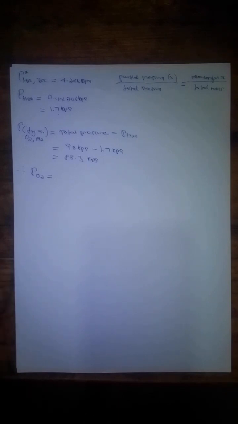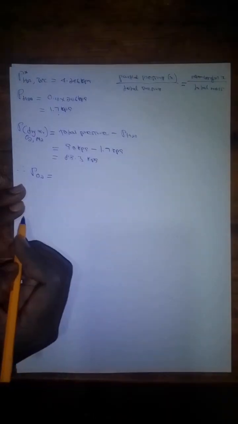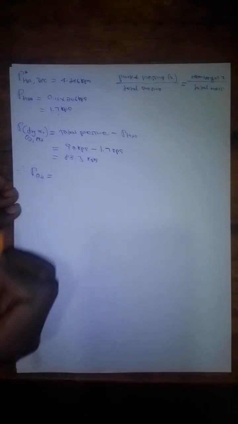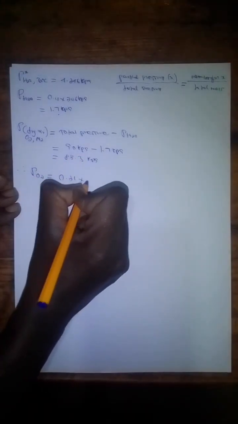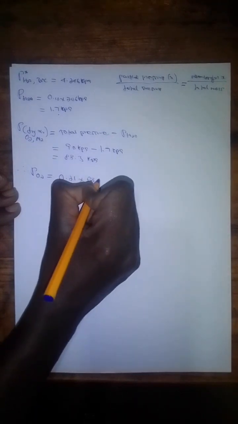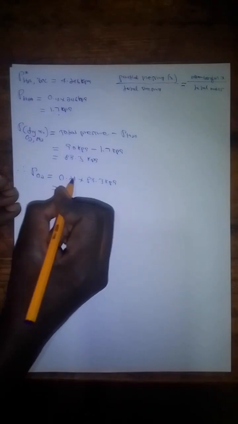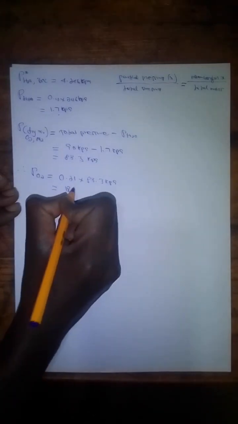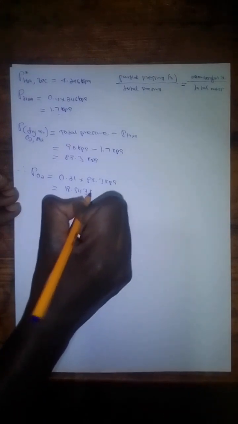But that fraction or ratio still exists as far as the partial pressures are concerned, which means if the total pressure of dry air is 88.3 kilopascals, then the partial pressure of O2 is going to be 21% of this, which is 0.21 multiplied by 88.3 kilopascals. And if you use your calculator, it's going to give you 18.543 kilopascals.